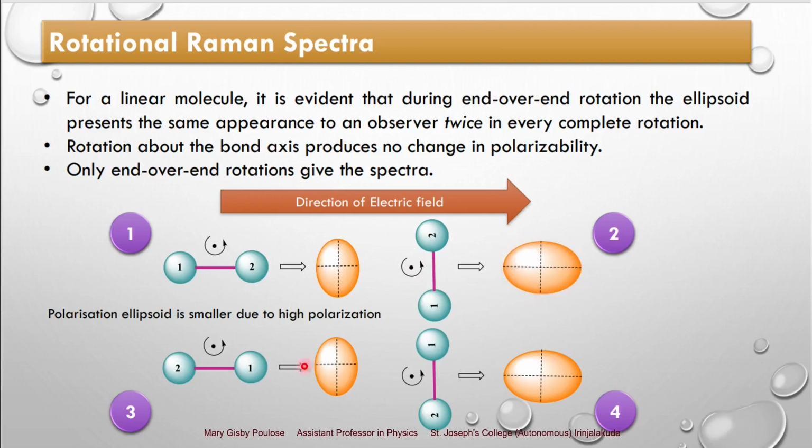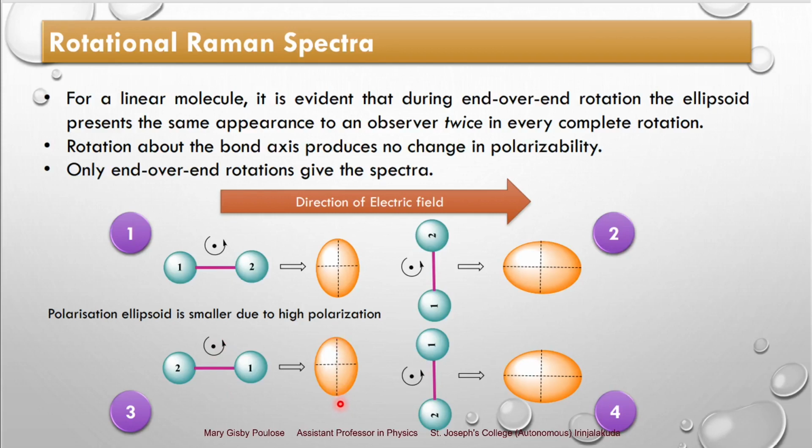Now again, when the molecule is rotated by 90 degrees, the polarizability is maximum in this orientation, hence the ellipsoid has minimum distance in this orientation. And when the polarizability is minimum in this orientation, the ellipsoid has maximum distance in this orientation.